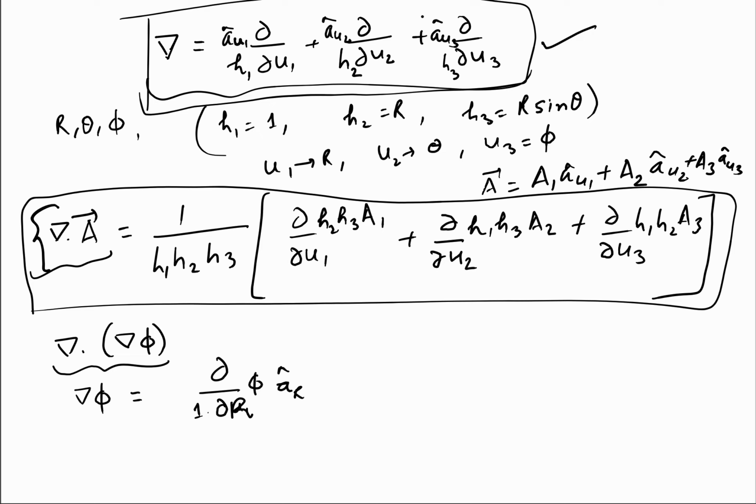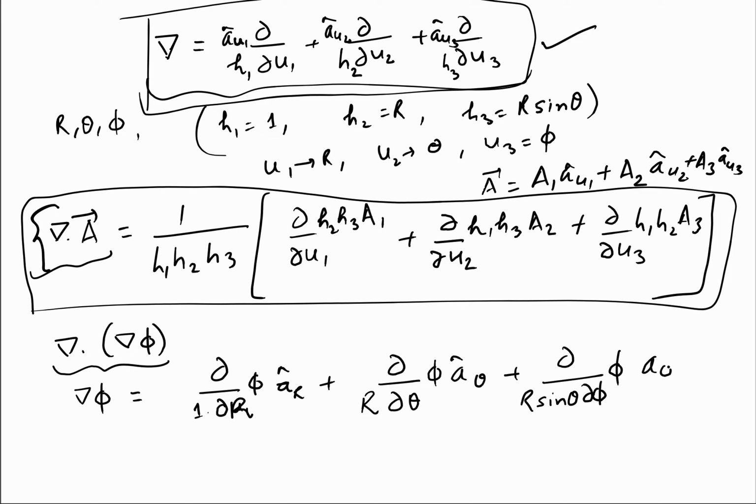We should remember this. Plus dou by h2, and h2 is r, so 1 by r dou phi by dou theta in direction a theta, plus h3 is r sine theta, so 1 by r sine theta dou phi by dou phi in the direction of a phi.